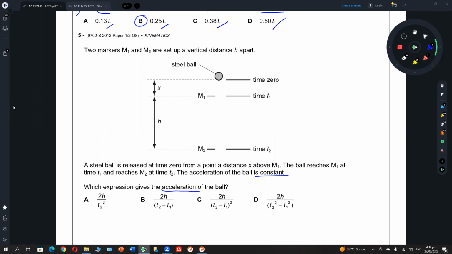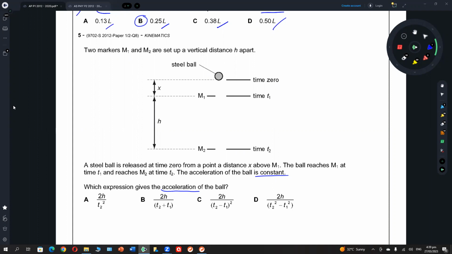There are three equations of motion, and the ball is released from rest. So u will be 0. There are two sections of the motion.